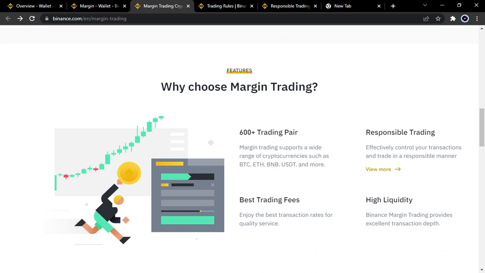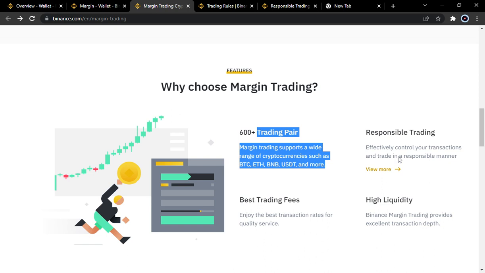Now, in understanding the benefits or why you should choose the margin trading, you need to know that the Binance margin trading has a wide range of selection of trading pairs with over 600 trading pairs currently on the Binance platform. Also, the margin trading supports trading pairs ranging from BTC, USDT, ETH, and more.